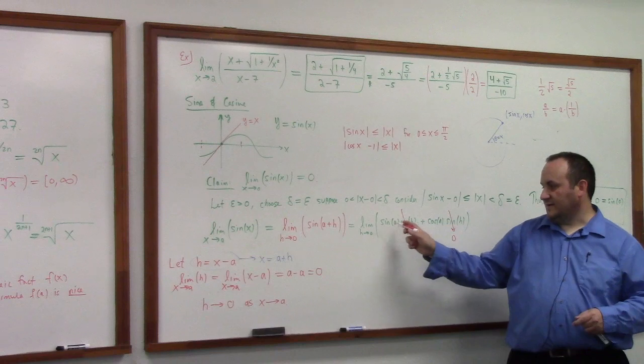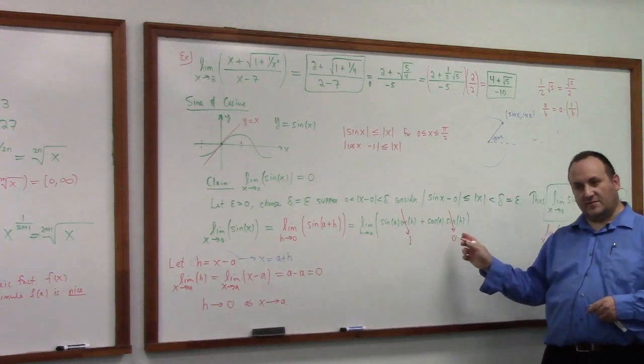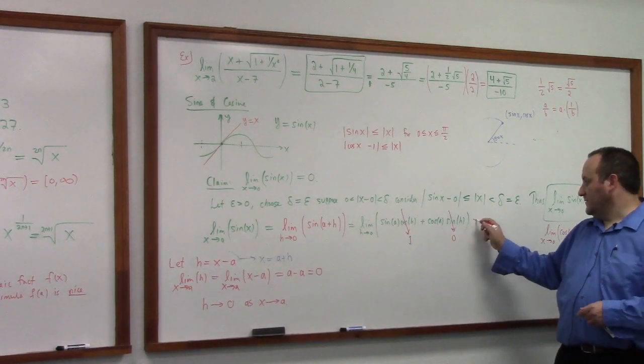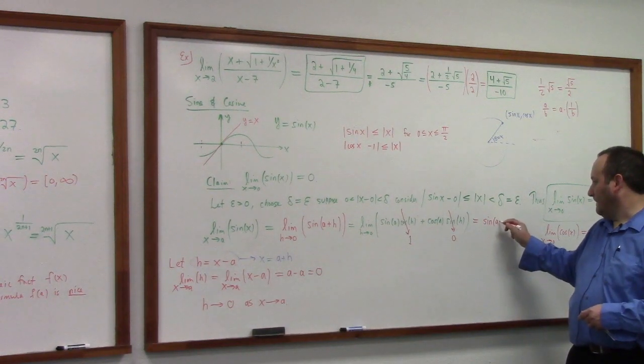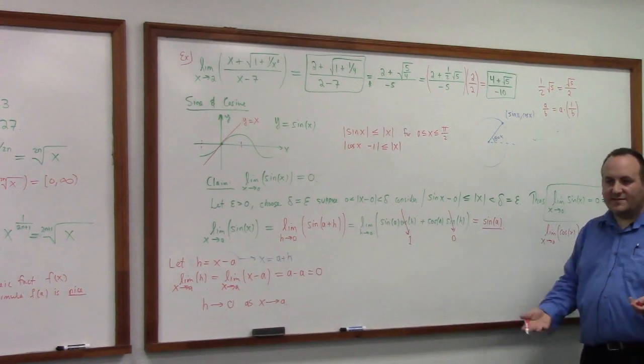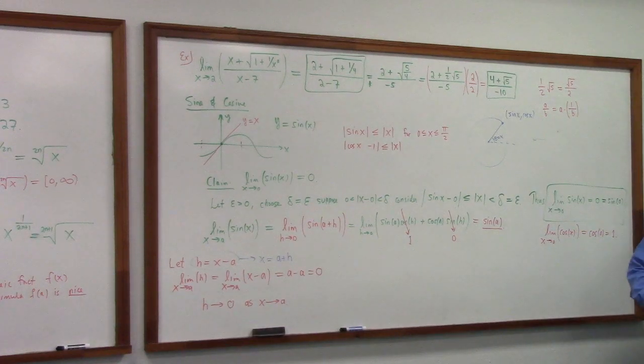We have sine of a times 1 plus 0 by the limit laws. We just get sine of a, which is a completely unsurprising result. It says that the sine function is nice. Whenever you take the limit of sine as you approach a point in its domain, you just plug in the point.